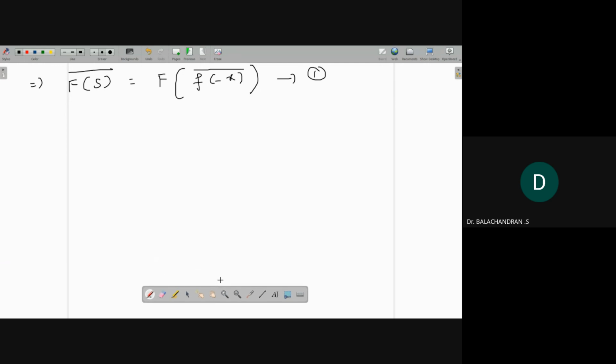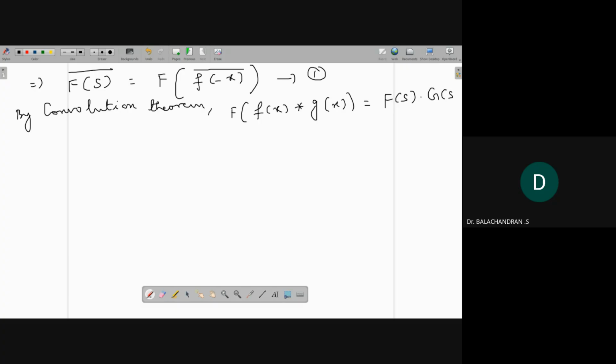Okay. So next, just now we proved the convolution theorem. So by the convolution theorem, the Fourier transform of f of x convolution g of x, small g of x, is equal to the Fourier transform of f of x into the Fourier transform of g of x, or you can write f of s into g of s.